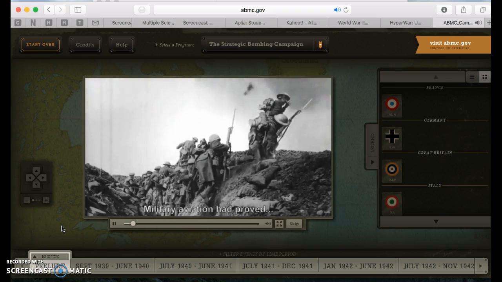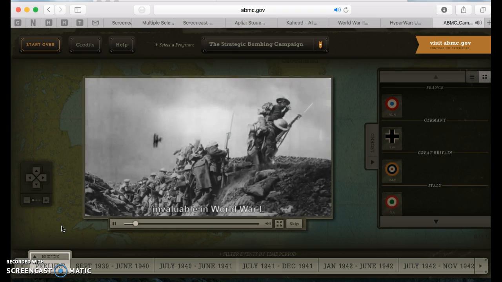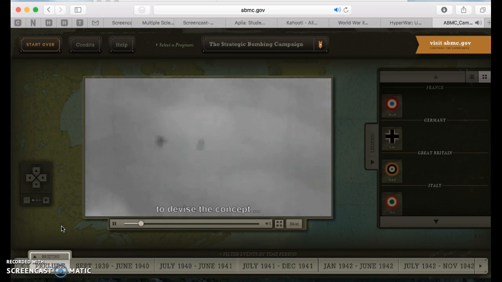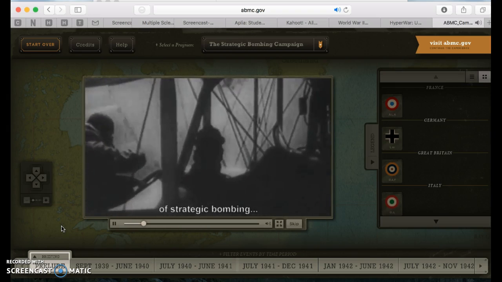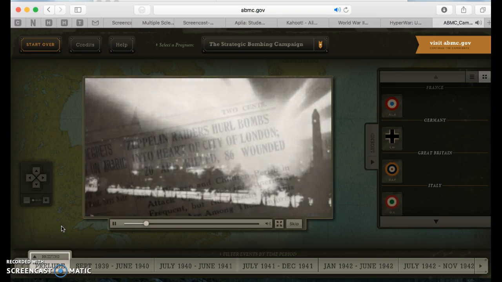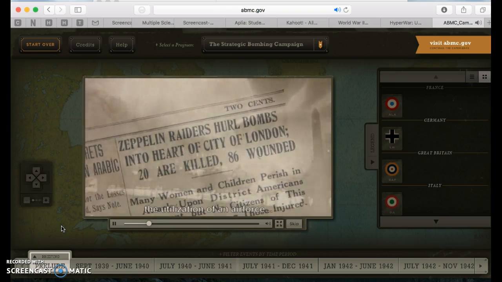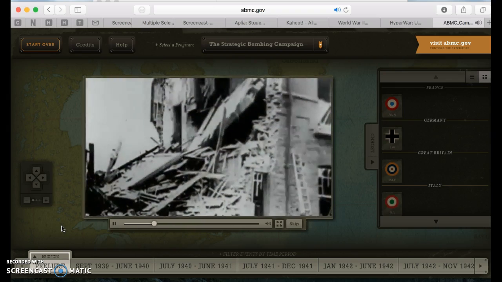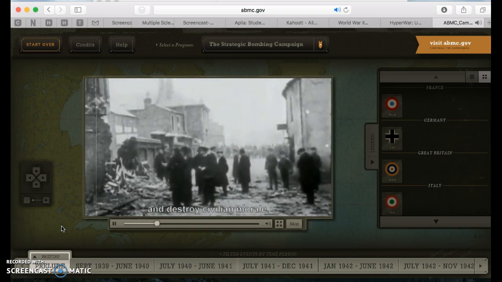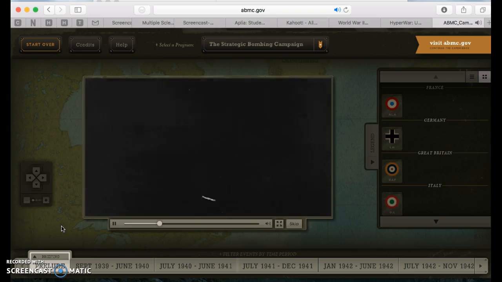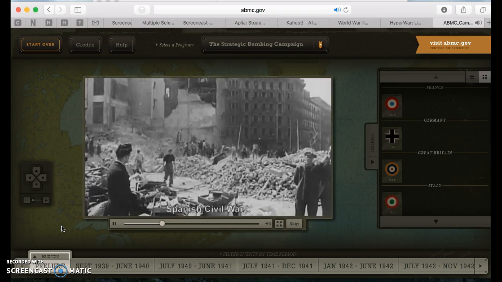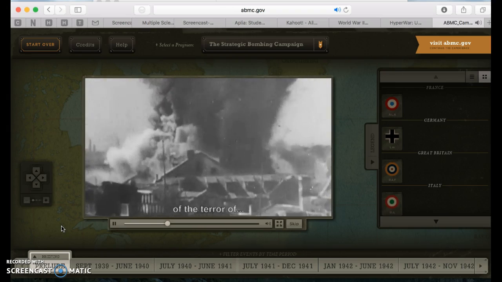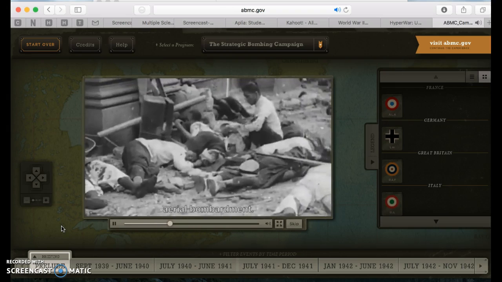Military aviation had proved invaluable in World War I. The lessons learned prompted military theorists to devise the concept of strategic bombing. The utilization of an air force to destroy crucial infrastructure and destroy civilian morale. Air attacks during the Spanish Civil War and the war in China reinforced the notions of the terror of aerial bombardment.